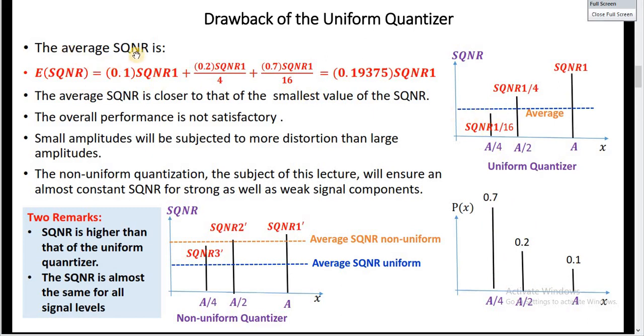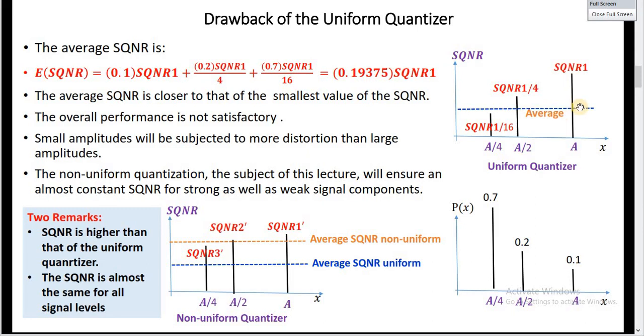So we compute the average as 0.1 times SQNR1, plus 0.2 times SQNR1 divided by 4, plus 0.7 times SQNR1 divided by 16, and after calculation we get 0.19375 SQNR1.